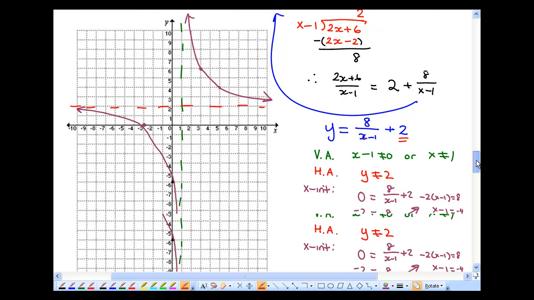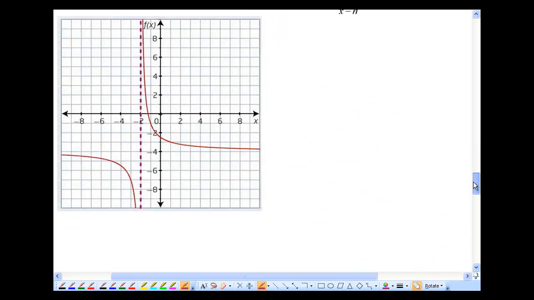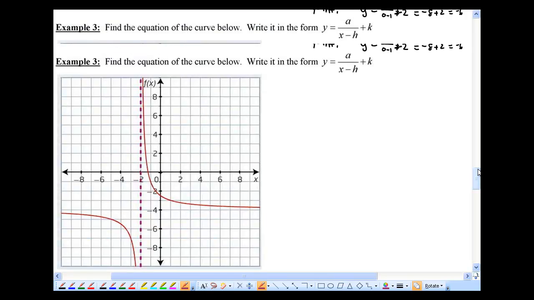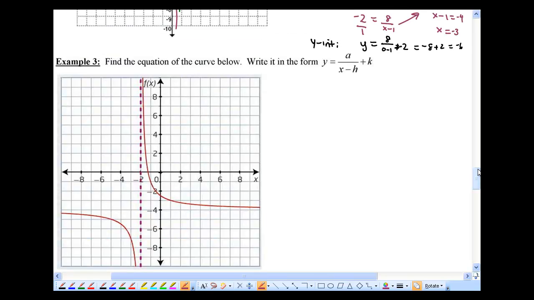All right, example number 3 is this, where I've changed it up. I'm going to ask you to find the equation when I give you the picture. Now once again, just like in the previous one, what helped me find this out is my asymptotes. So let's see if you can identify them first of all.